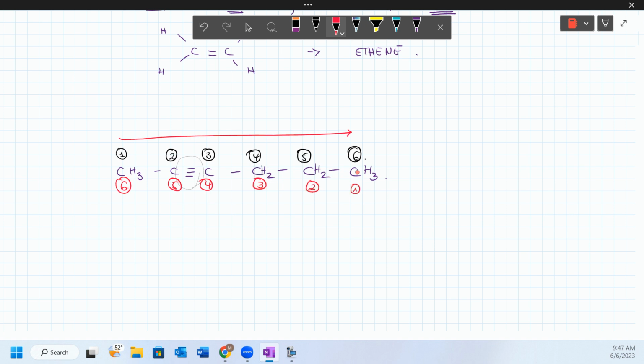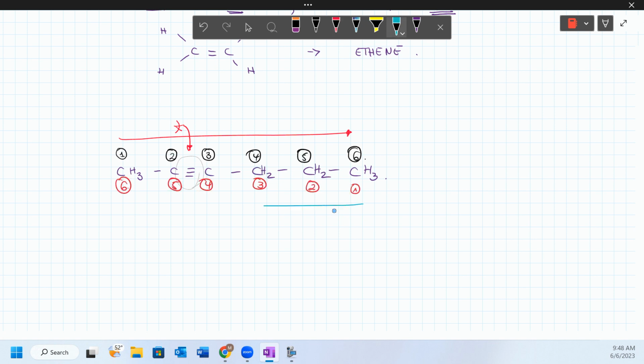When we go in this way, the triple bond is between 2 and 3. So at 2, we see the triple bond.